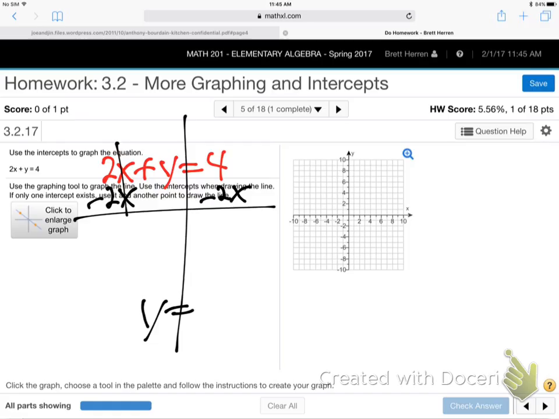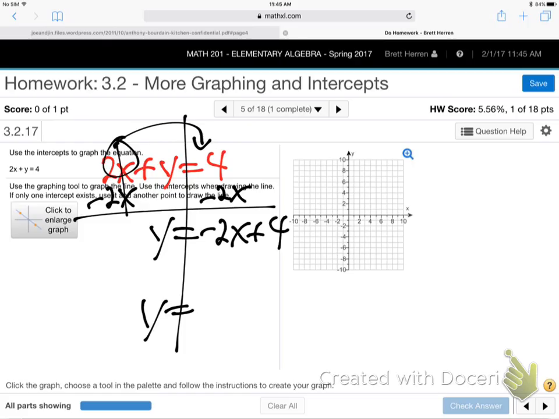Can we do a shortcut from now on? When the 2x goes to the other side, it becomes a -2x, because when something jumps to the other side, it changes the sign in front of it. If it was negative, it becomes positive. If it was positive, it becomes negative. Just to save a step, you can just grab it and jump it. So it'll become -2x plus 4.